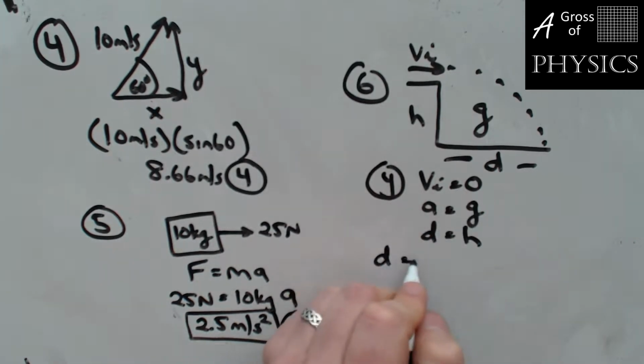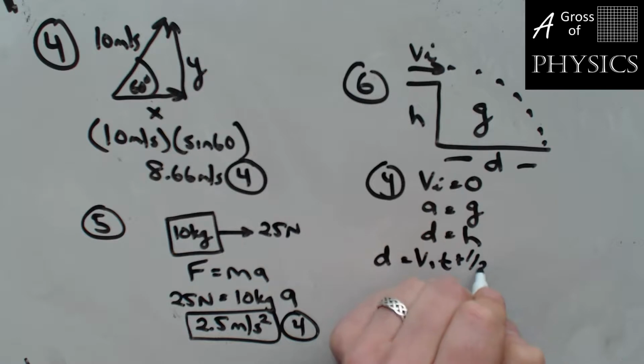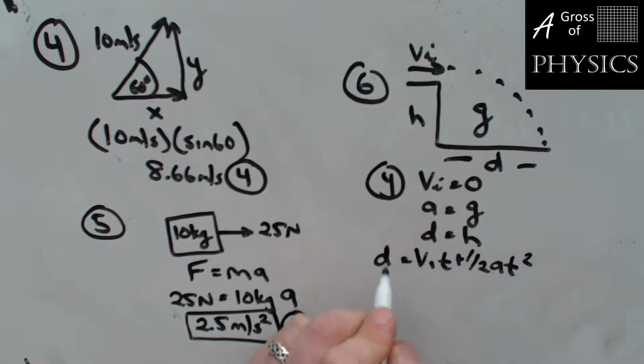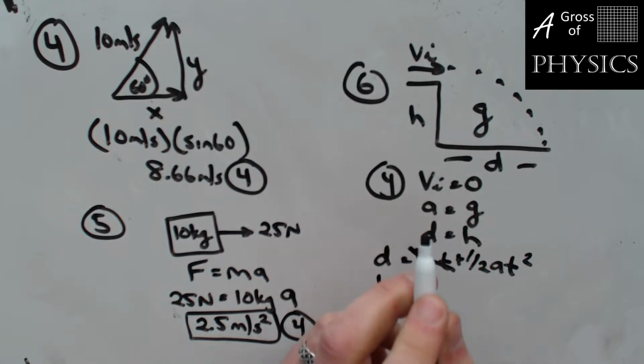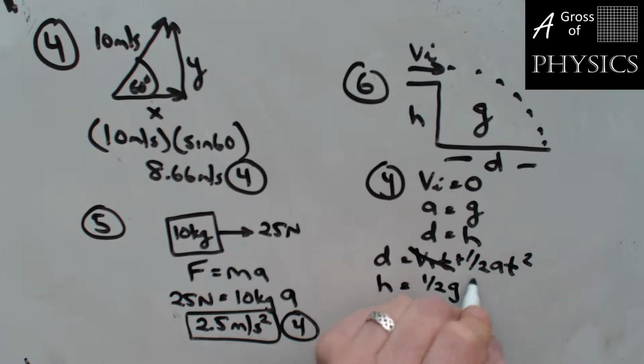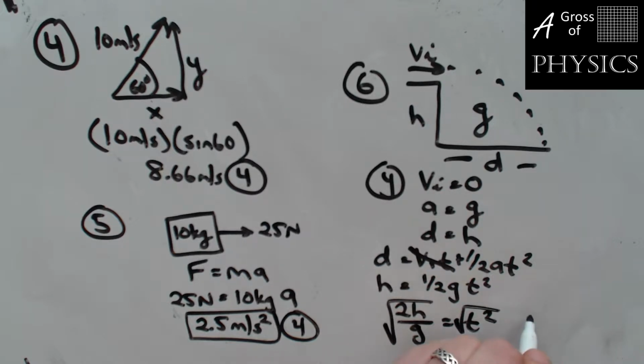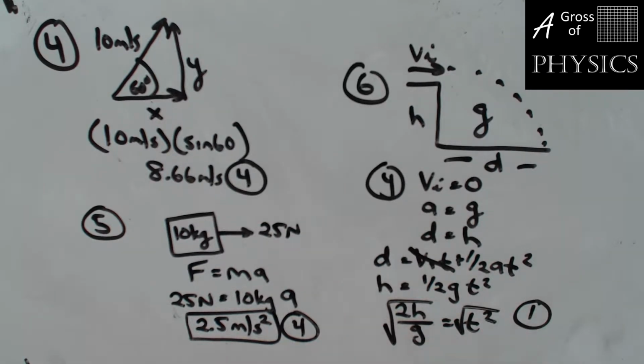I'm going to use d equals vi t plus 1/2 a t squared. h equals, this is gone, 1/2 g t squared. Bring the half over and divide by g, so 2h over g equals t squared. Take the square root: the square root of 2h over g, which is choice 1. Choice 4 is very similar, so you have to watch out for that. 2h over g is our choice.